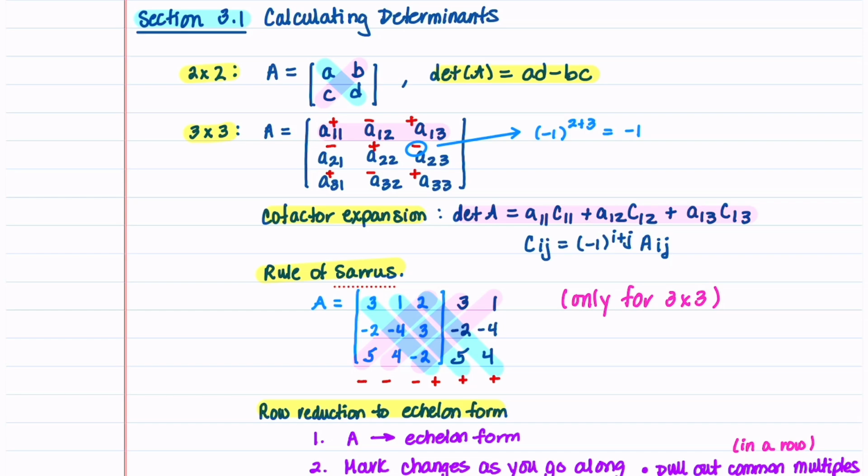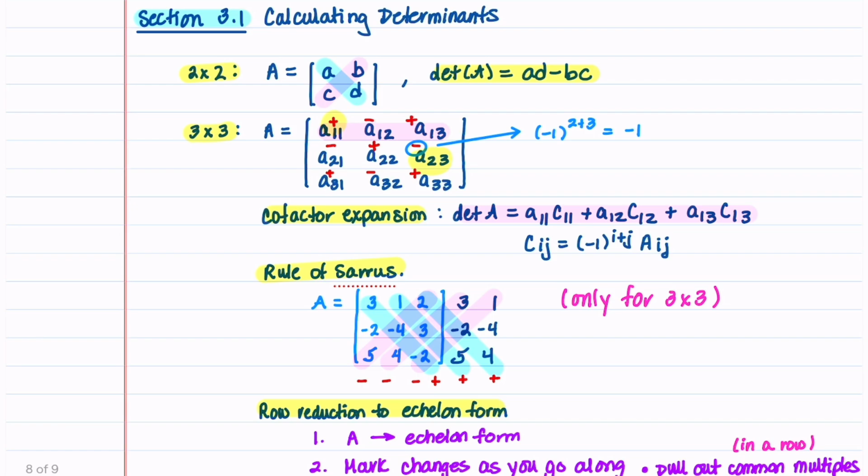And one thing that is always confusing to students is this sign factor. So I always say one thing that you can always do is start in the upper left-hand corner with a plus and then go to the right or go down, alternating plus or minus. So if we look at A23, that would have a negative with it.